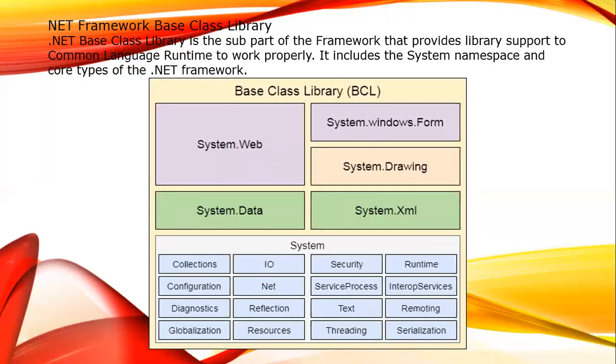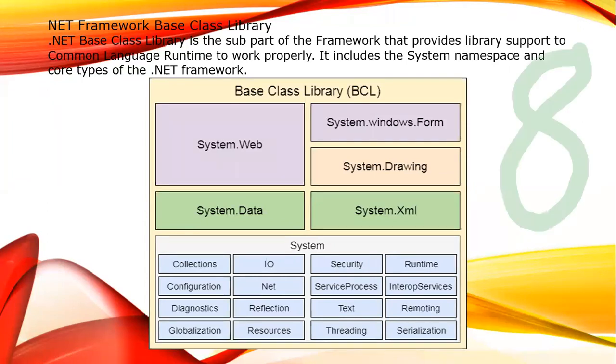In system namespace, we have collection, IO, security, runtime, configuration, net, service process, interop services, diagnostic, reflection, text, remoting, globalization, resources, threading, and serialization. So base class libraries: system.web, system.windows forms, system.drawing, system.data, system.xml. These are the base class libraries you can use directly with your .NET compliant languages.